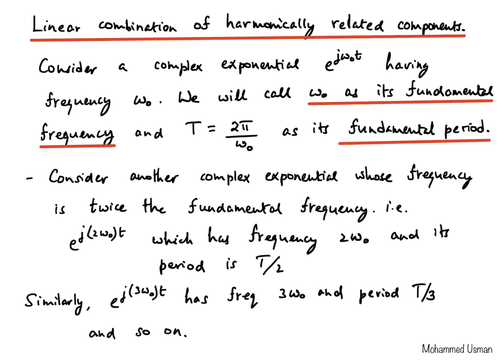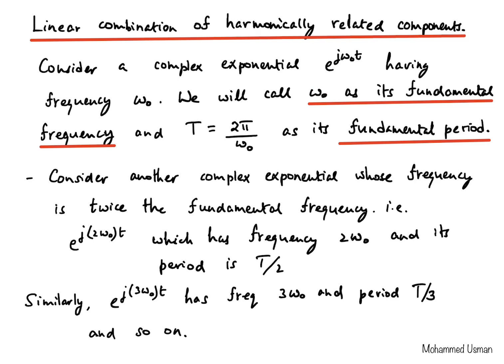So basically, unlike in the previous example where we did not impose any relationship between omega 1, omega 2, omega 3, omega 4 and so on, here we are imposing a condition that omega 1 is 2 times omega naught, omega 2 is 3 times omega 0, and so on and so forth.